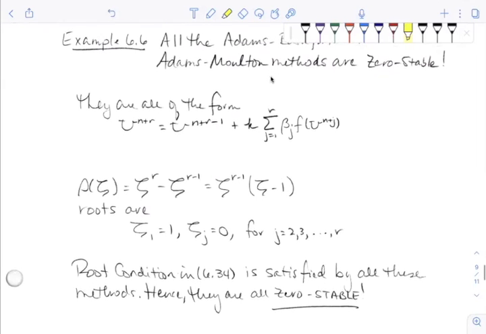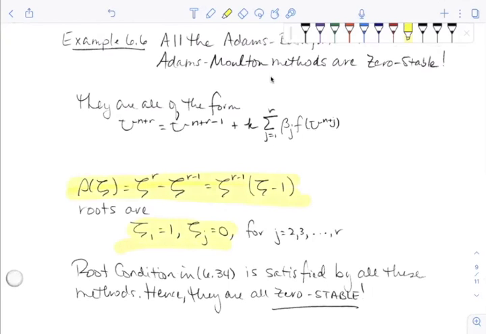Well, it turns out that if you look at how they are constructed, your characteristic polynomial rho always looks like this, where we've got an R-step method. R is 2 or 3 or 4. You've seen a bunch of them in your homeworks and in your midterm. Well, it turns out that the roots of that polynomial are simply 0 and 1.